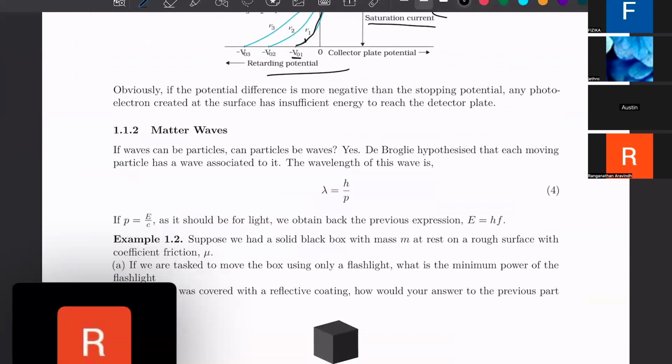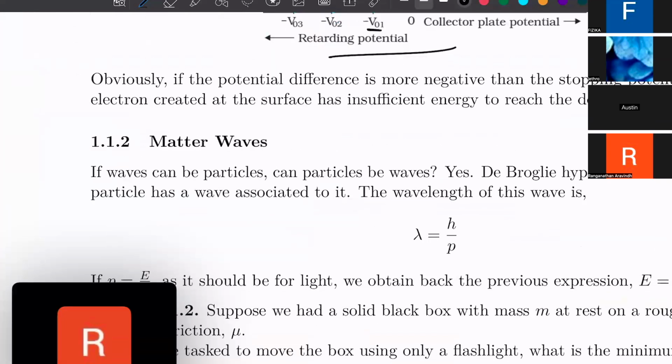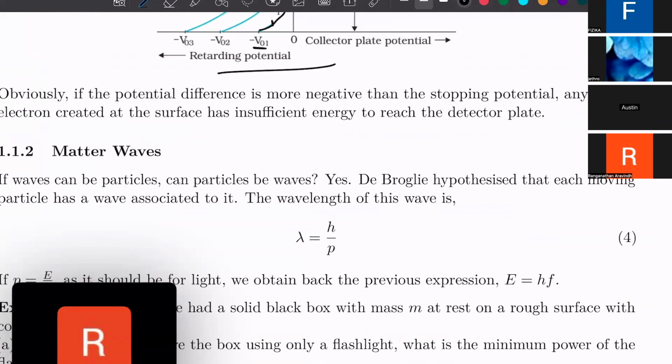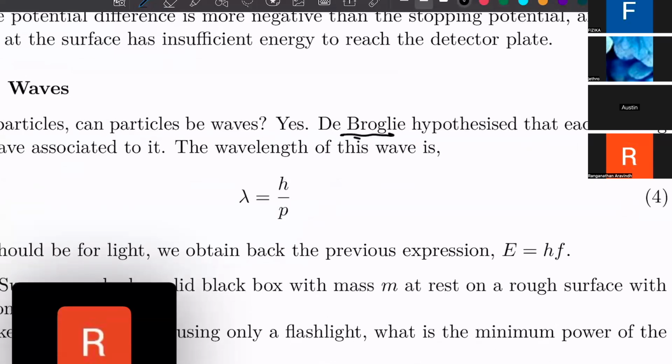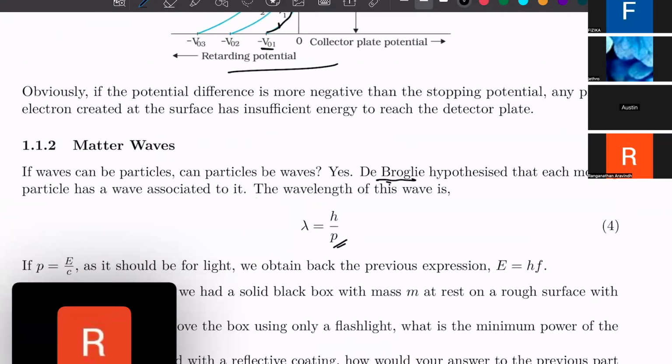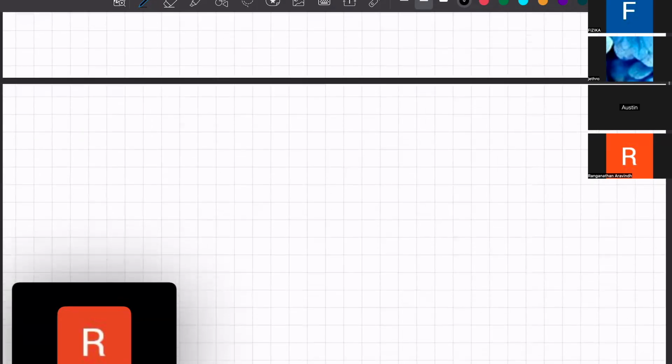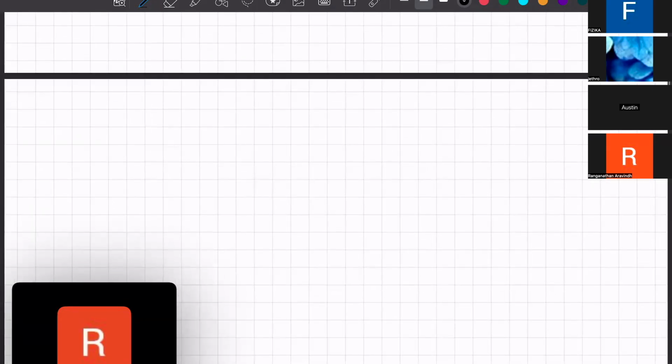Okay, this is, I guess, the second concept that you can learn, which is matter waves. Basically de Broglie's hypothesis, which is that this is true. Okay, so what this man said is that since light, which was originally thought of as a wave, is now a particle, what if all particles are also waves?